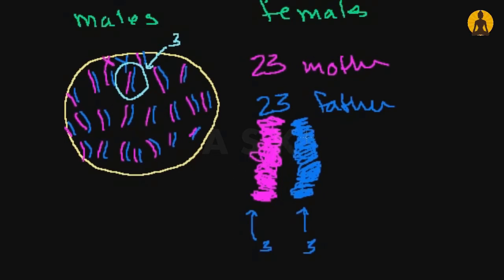Maybe this chromosome 3 contains the trait for hair color. I'll use my actual example: my father had very straight hair. So let's say somewhere on this chromosome there is a gene for hair straightness. Let's say it's a little thing right there. And remember, that gene could be thousands of base pairs.